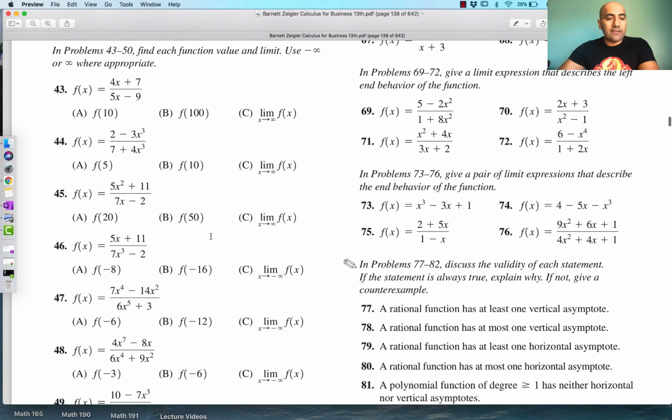On the other hand, if we had something like this one, see the degree of the leading term of the polynomial in the numerator is a 1. Here, the degree of the leading term of the polynomial in the denominator is a 3. 1 and 3. This is a case where this one is smaller than that one. And so our theorem indicated that this would have a horizontal asymptote at the x-axis, at y equals 0.